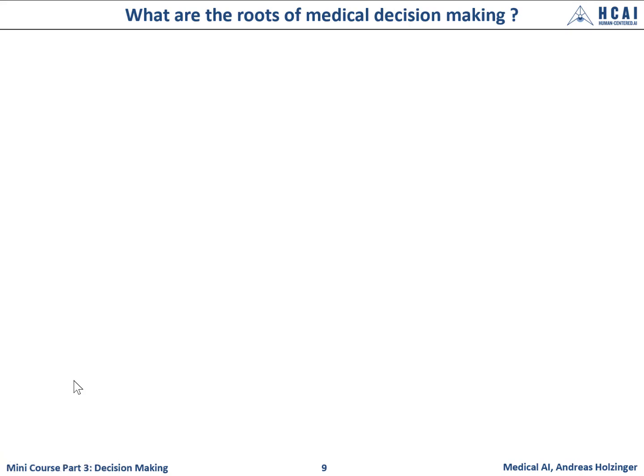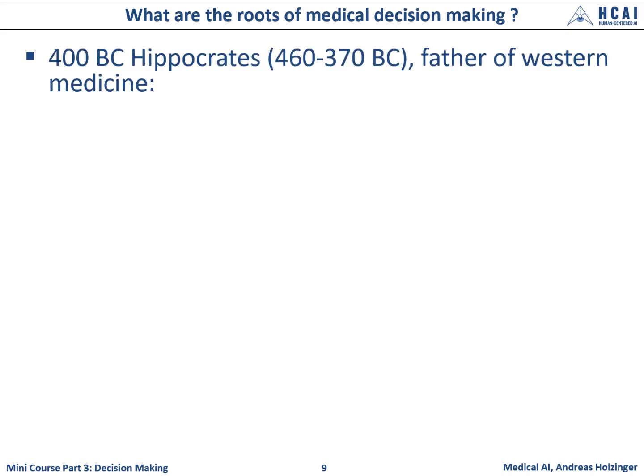So, what are the roots of medical decision making? Remember what we have learned in the first part of the course. It is amazing how this now fits together with the roots of medical decision making, and remarkable that it all starts with Hippocrates.